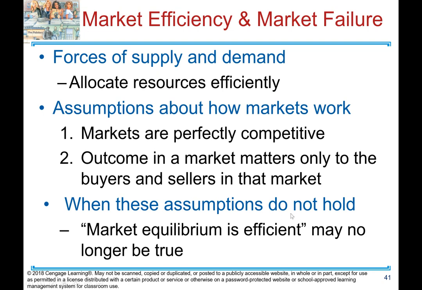When these assumptions do not hold, market equilibrium being efficient may no longer be true. So this assumption of an efficient market at equilibrium cannot be true if these assumptions do not hold.